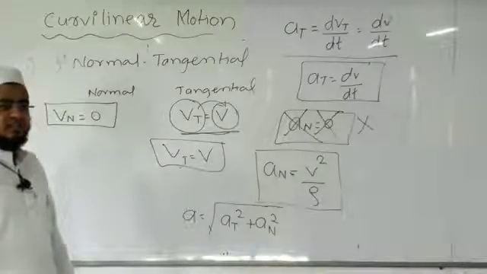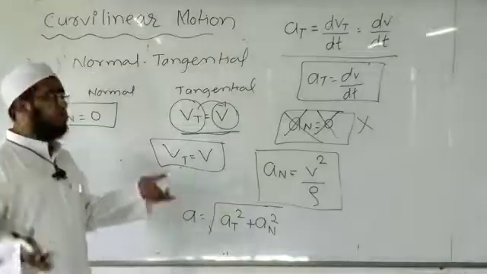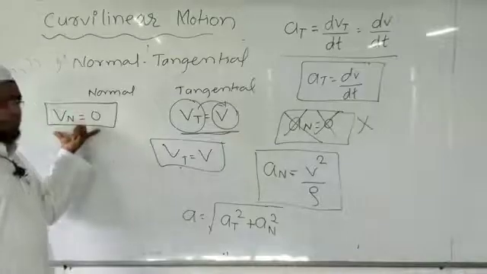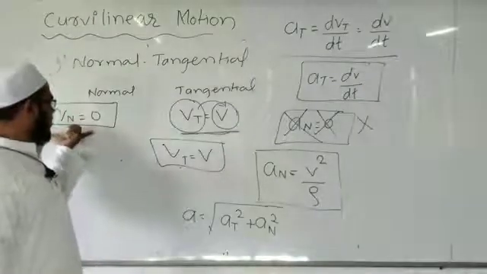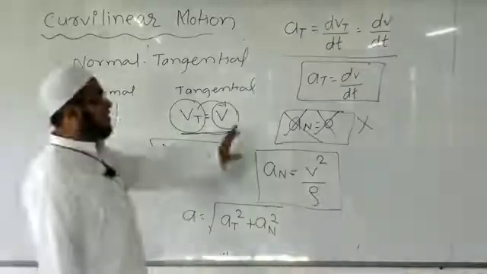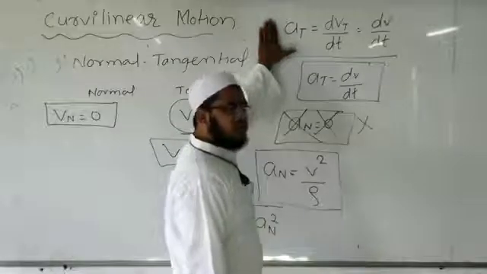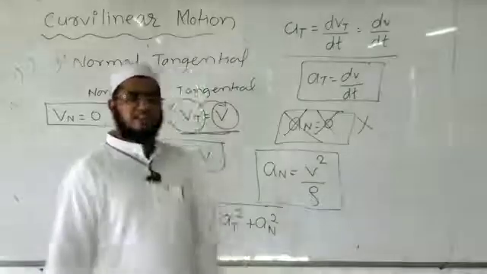It is very easy. If velocity is given for a particular instant, then it is a tangential velocity, because the normal component of the velocity is 0. Vn equal to 0, Vt equal to v. Acceleration A has two components, that's why we have to split the acceleration also into normal and tangential.